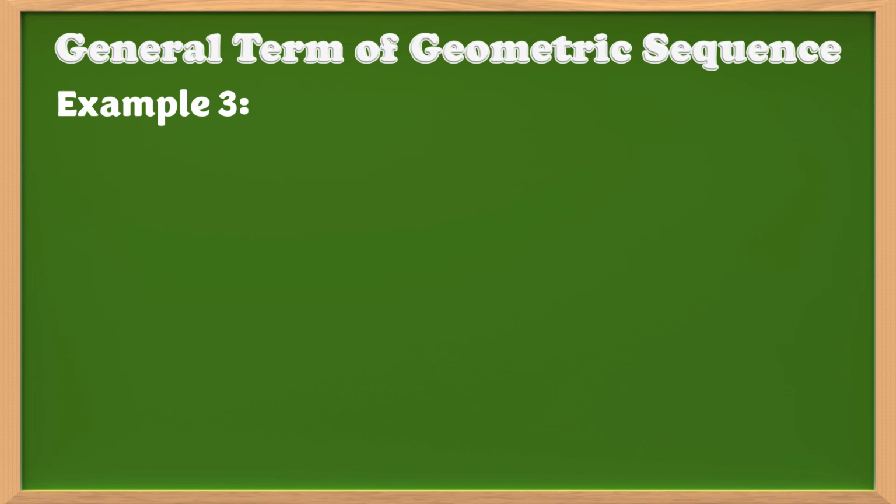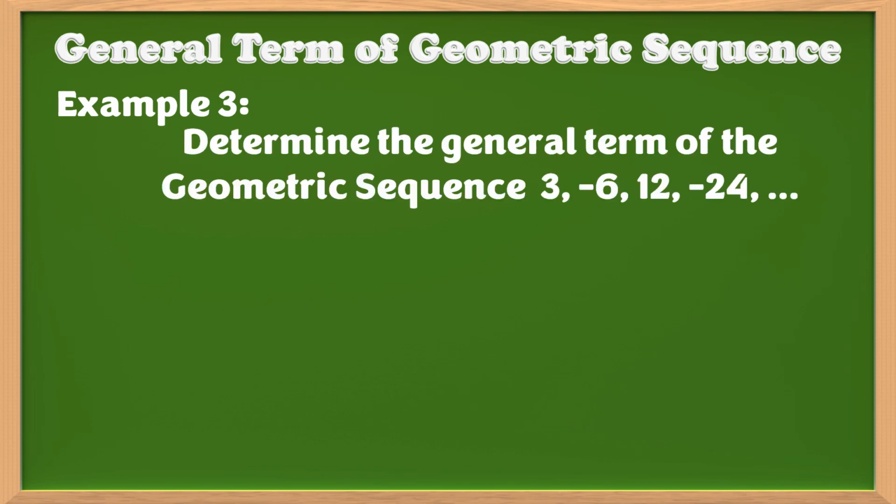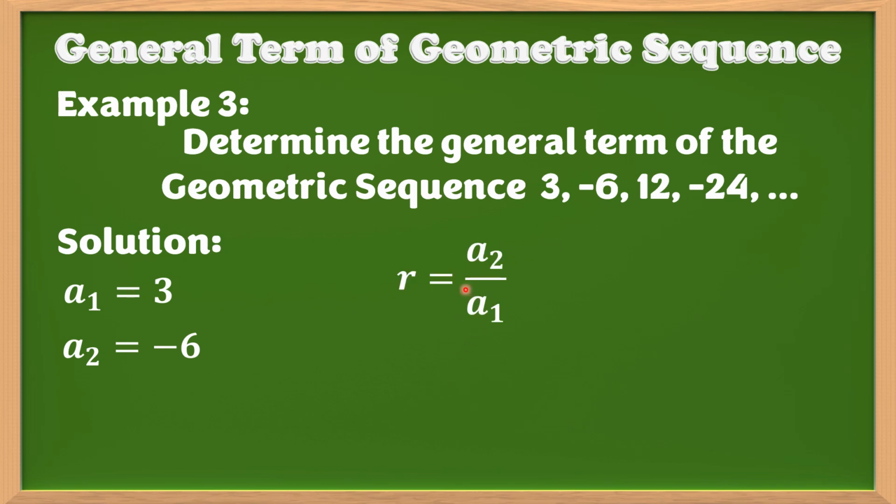For example number 3, determine the general term of the geometric sequence 3, negative 6, 12, negative 24, and so on. The first term of the given sequence is 3, and the second term is negative 6. So we're going to solve now for the common ratio, and that is r equals a sub 2 over a sub 1.